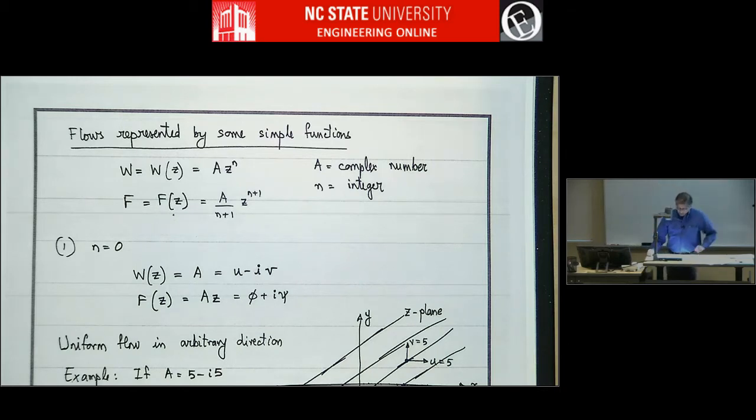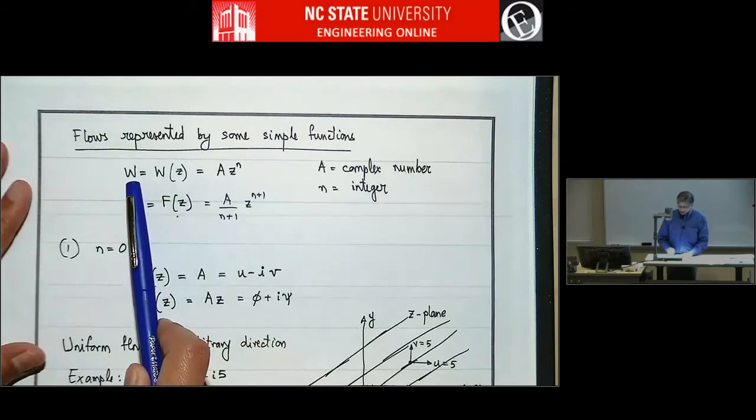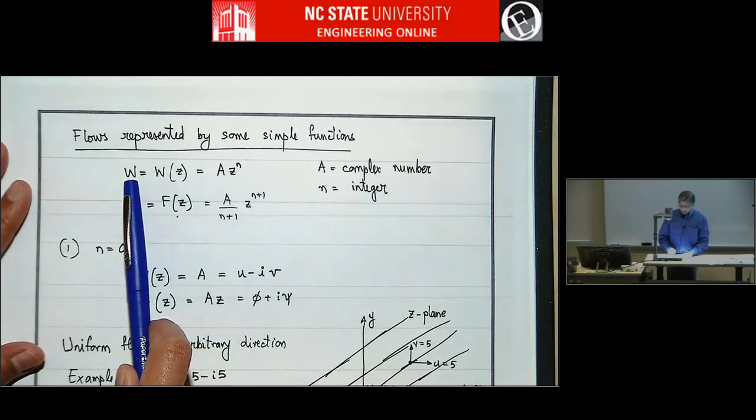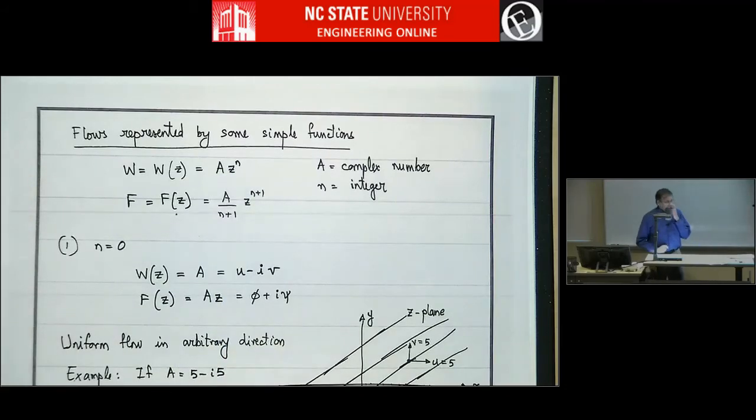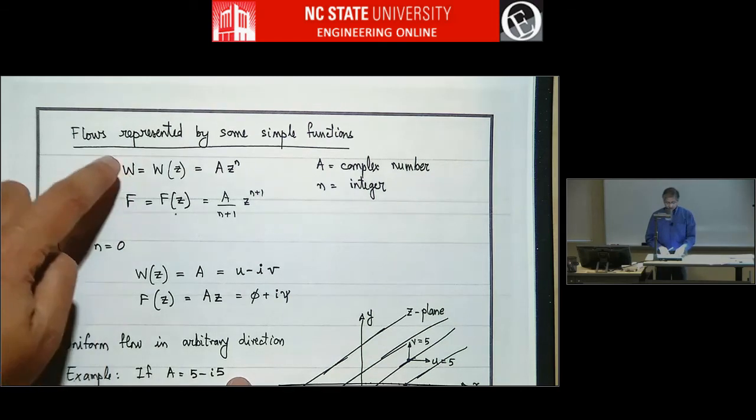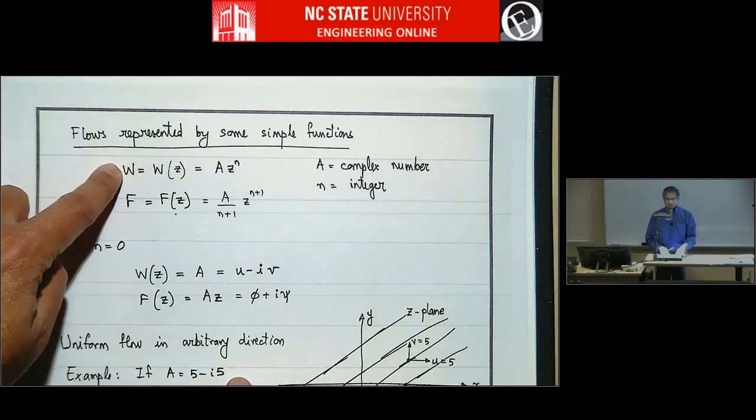So we are going to take this general format of complex velocity w is a times z to the power n. So z is the xy plane, and this is the velocity, complex velocity, u minus iv.